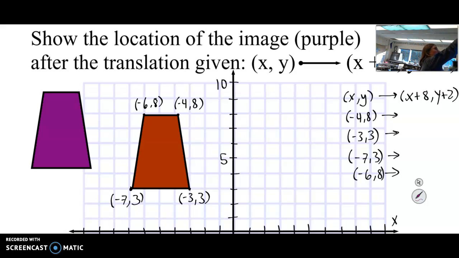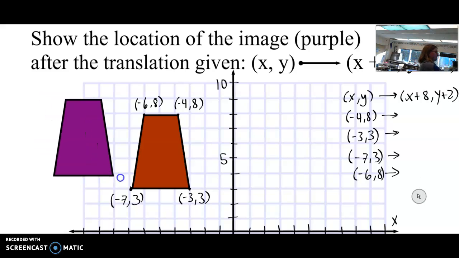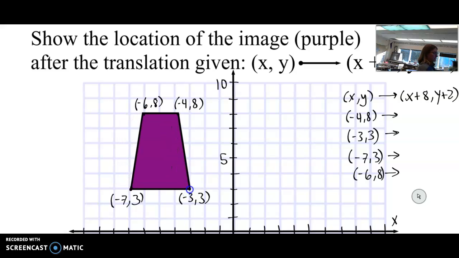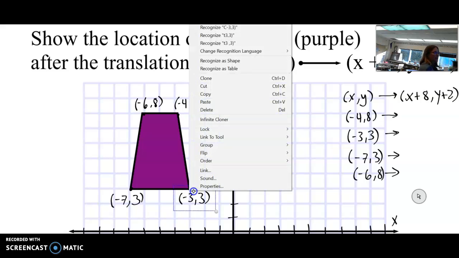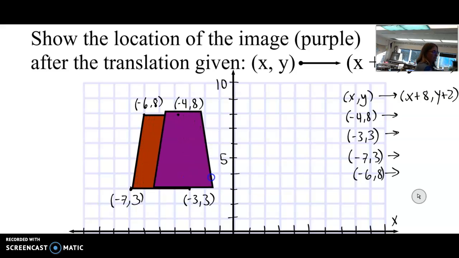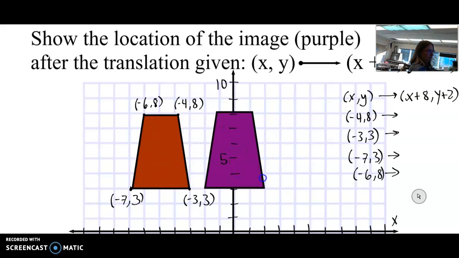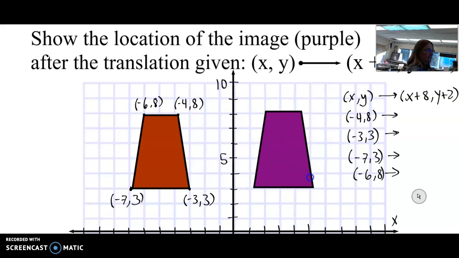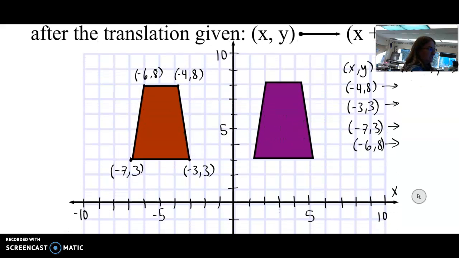So each coordinate here, starting from -3, 3, because I have the smartboard, I'm going to move it over 8 units. The X coordinate's at -3. If I move that over 8 units, I'm going to end up at +5. So that's 3, 4, 5, 6, 7, 8 units.